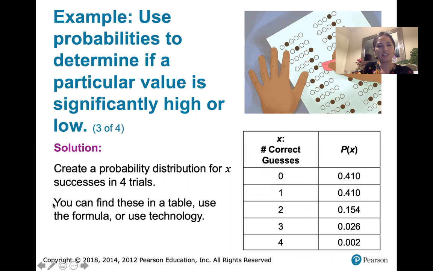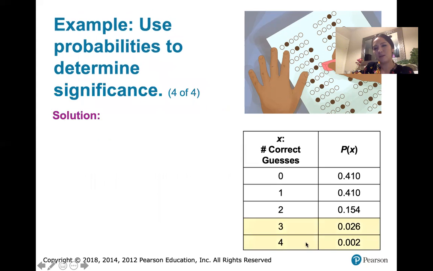Now we're trying to determine whether 3 correct guesses in 4 trials is significantly high. So if we want to do that, we need to look at the probability of getting X correct guesses, or something more extreme than that on the high end, because they're asking if it's significantly high.